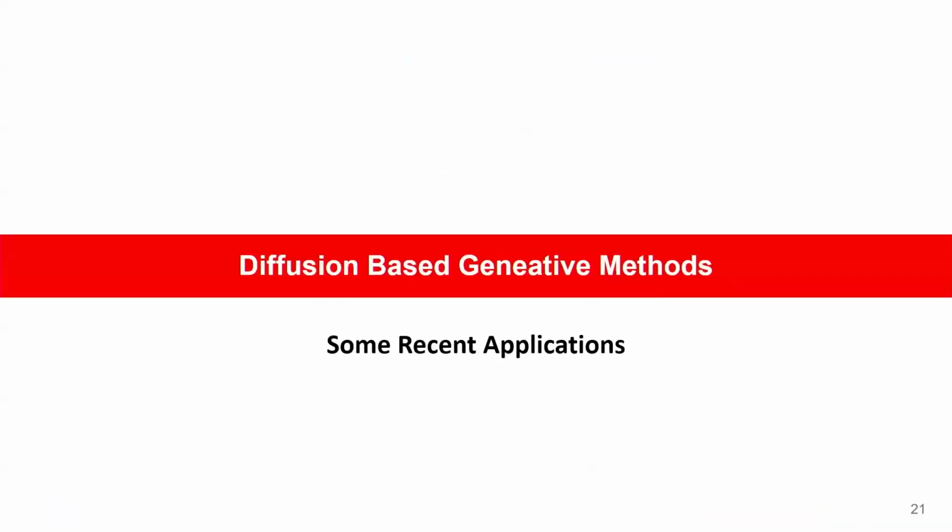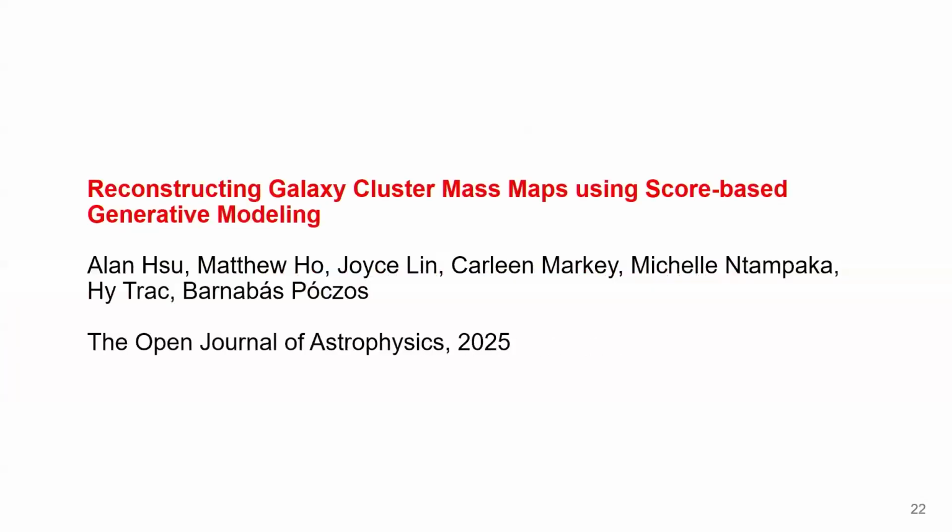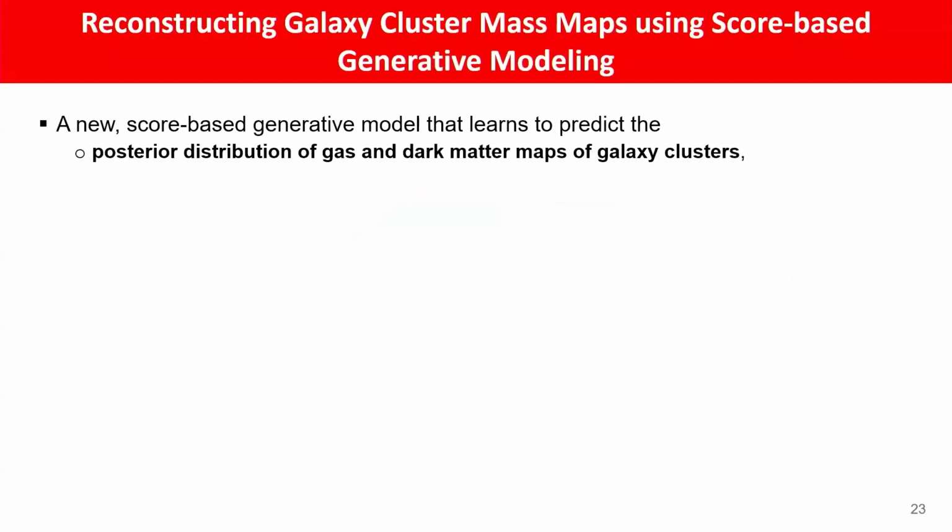All right, so these are the three directions, and now I would like to show some applications of what we did recently. The first one I want to mention is that we used score-based diffusion to estimate galaxy cluster masses. So this was the task.